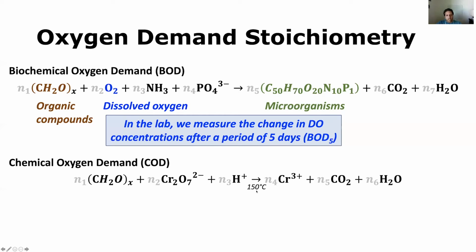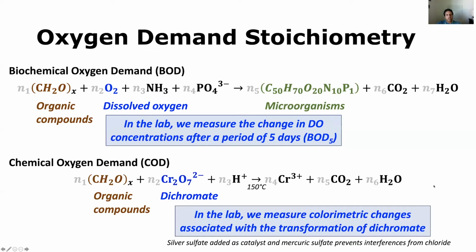This is also done in a lab at a temperature of 150 degrees Celsius for a couple hours, and it produces chromium compounds that result in a color change that can be measured using spectrophotometry. That color change is proportional to the amount of organic matter that reacts with the dichromate. So we've got the organic compounds, we've got the dichromate, and we measure the colorimetric change associated with the transformation of that dichromate in this reaction.